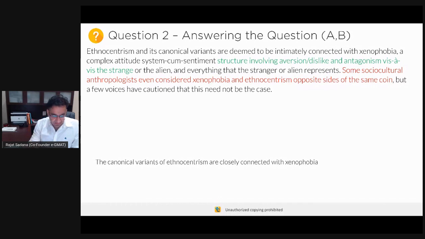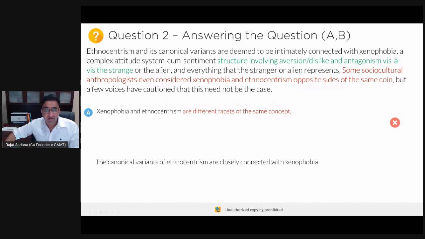Let's look at this. Here is the passage over here. XP and EC are facets of the same concept. A lot of people chose this answer choice, and let me again get my stats over here. We got 113 responses, and 23 of you chose this answer choice. My question is, does the author agree with this? No, they're deemed to be, they're considered to be.